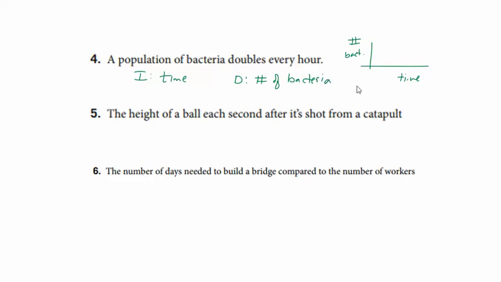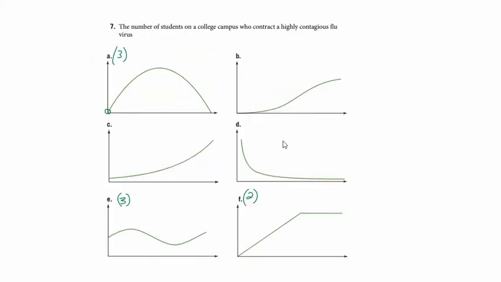All right, what's this going to look like? Well, if I have some bacteria, and then if that doubles, and that doubles, and that doubles, that's that exponential growth. Right? You're multiplying by 2. So that's exponential growth. That should be something that looks like C, exponential growth. I'm going to say that's number 4.